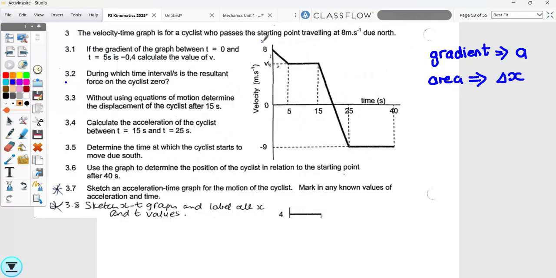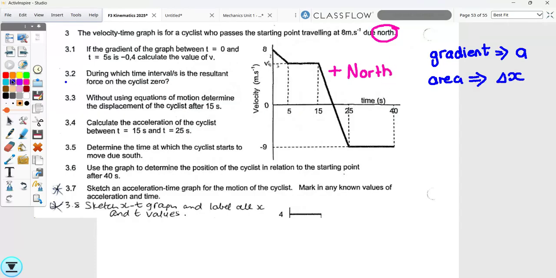Then the next thing that you do before you start answering the question is you know there's a velocity time graph. So here all the velocities are positive. So write for yourself here: positive velocities are here, and the question told us that it's starting at 8 meters per second north. So anything above the line would be north.